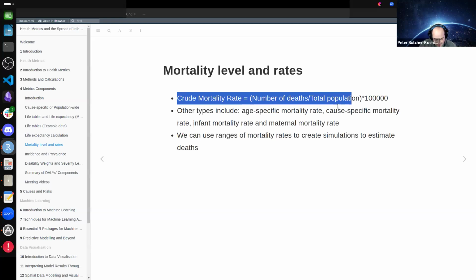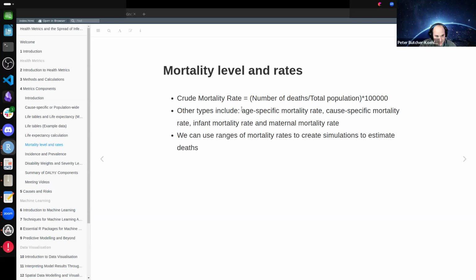There are several other types of mortality rates that are used for specific purposes, including age-specific, cause-specific, infant, and maternal mortality rates. The book shows an example of simulating different values for a range of mortality rates to estimate deaths.